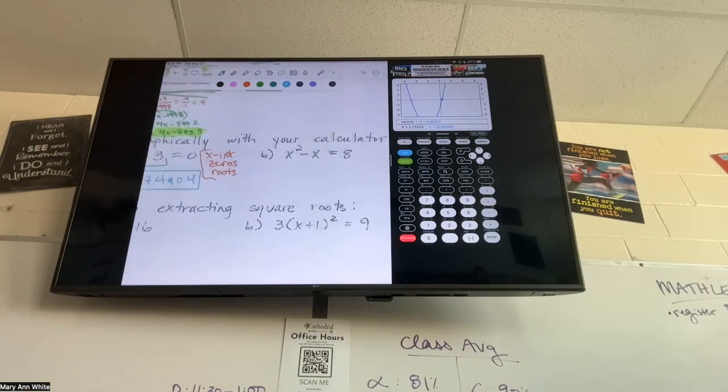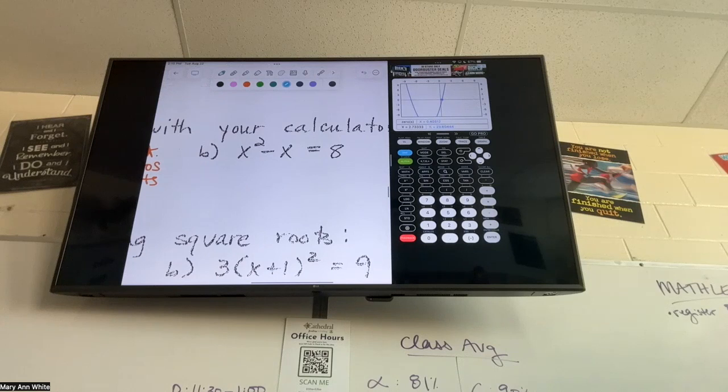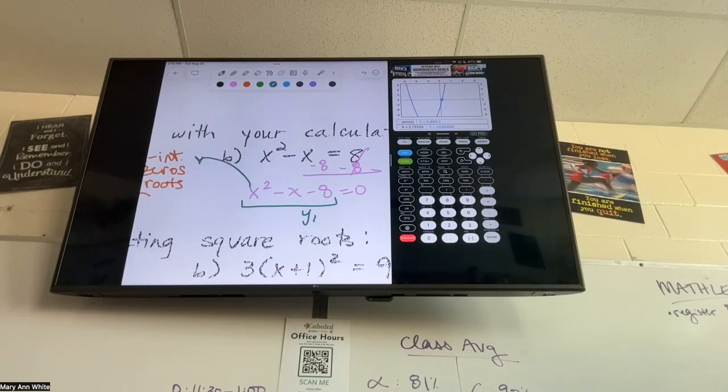All right, you have two options on the other one, guys, if you haven't done it yet. You can either put this in your Y1 and this in your Y2 and find where they intersect each other. Or what I'm gonna do, to keep what we have been doing similar, is move the 8 to the left side, so everything is on one side of my equation, and then that will all go in my Y1 and I'll find the zeros.